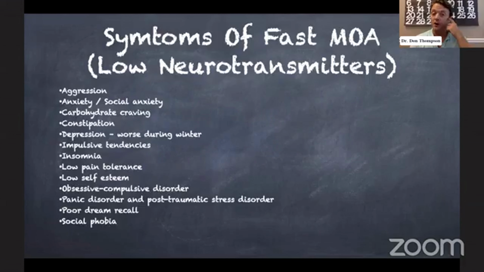The COMT is also one of those, both of these. And that's why we can put these together on a lot of things for neurotransmitters, because they kind of reflect each other a little bit. Low pain tolerance, low self-esteem, OCD tendencies, panic disorders, post-traumatic stress.